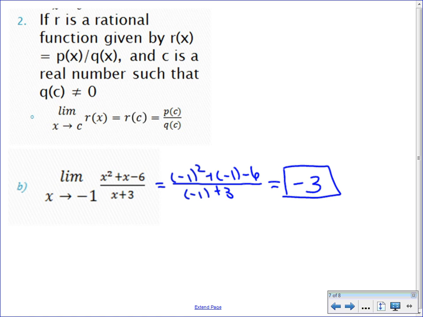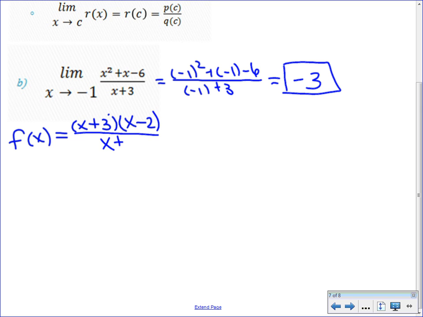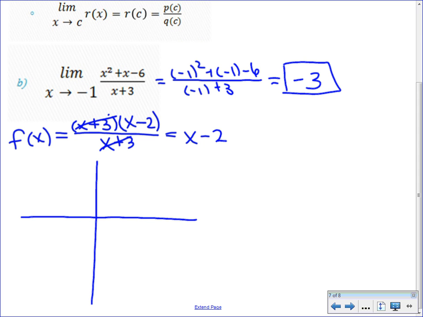Okay. Now let's think about this graph. When we graph a rational function, what do we have to do? Factor first. x plus 3 times x minus 2, and we have something that cancels. So we have a line with a hole again, don't we? Same line, different hole.